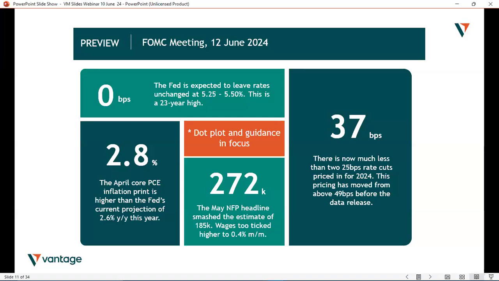As for growth and inflation forecasts, well, in the March SEPs, that's a summary of economic projections, the Fed projected that headline PCE inflation will fall to 2.4% this year, and core seen falling to 2.6%. Just for your reference, the April data that printed at 2.7 and 2.8%.